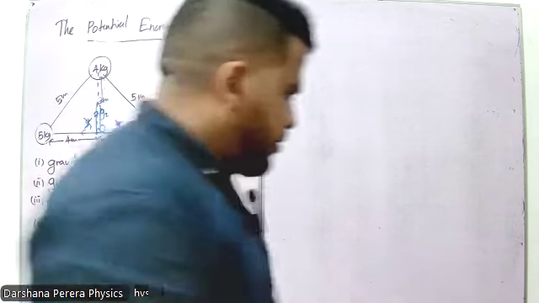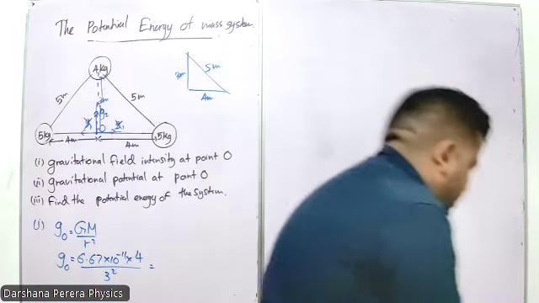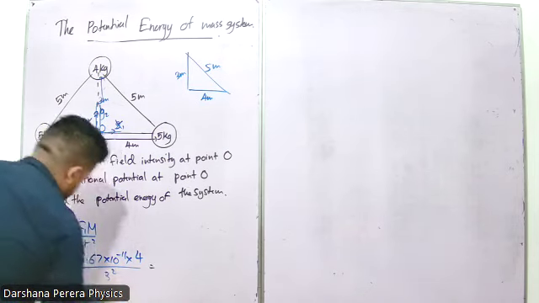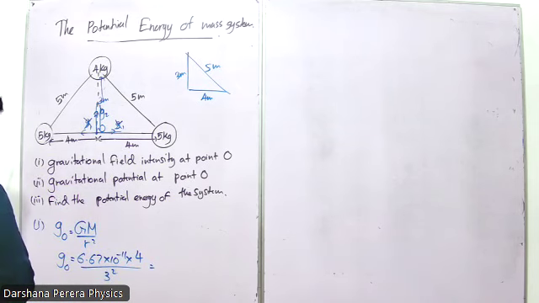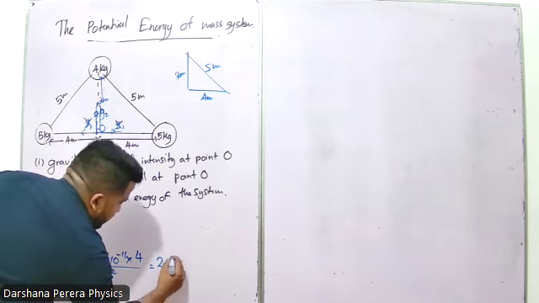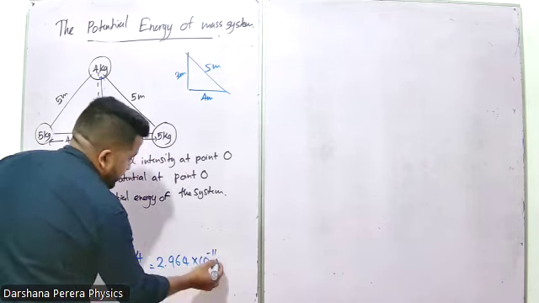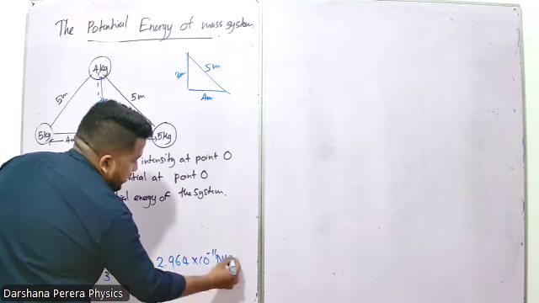What is the value? 2.964 into 10 to the power minus 11 N kg minus 1.